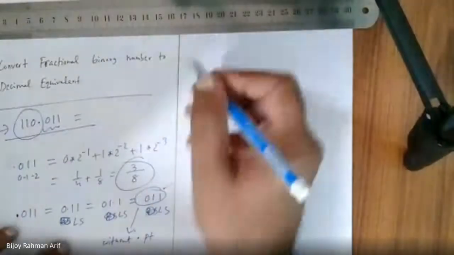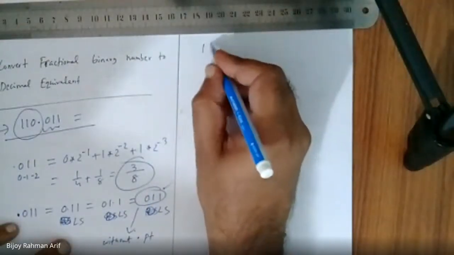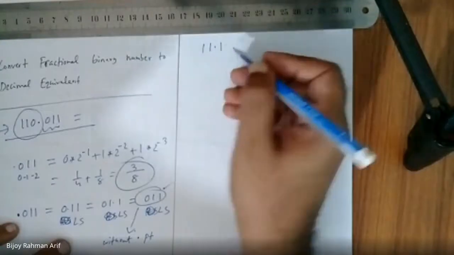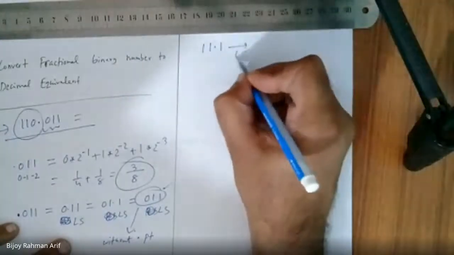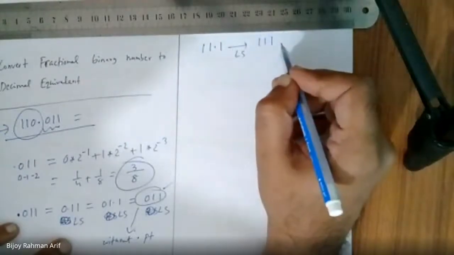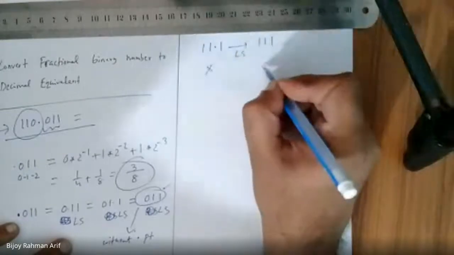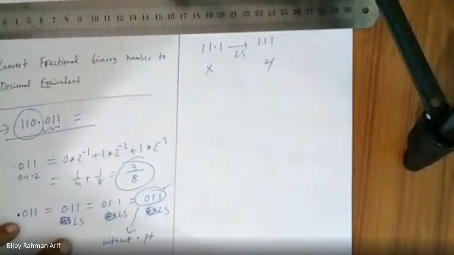Then what happens? Now see, if you have a number like this, 1.11, if you left shift, you get 111. Are they equal? Obviously not. If it is x and if it is y, what is the relation between these two? How can you make these two equal?